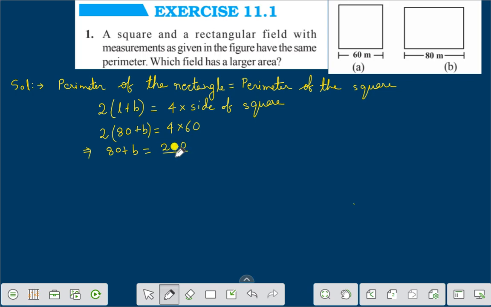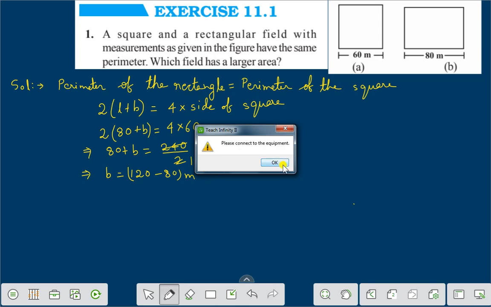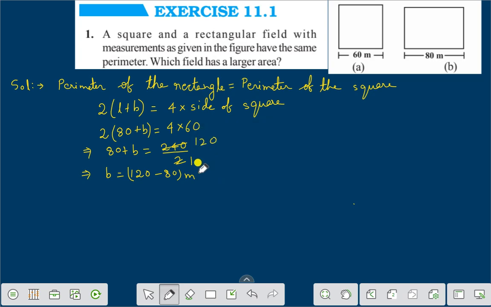Dividing 240 by 2, we get 120. Or you can write b is equal to 120 minus 80 meter. 120 minus 80 is equal to 40 meter.